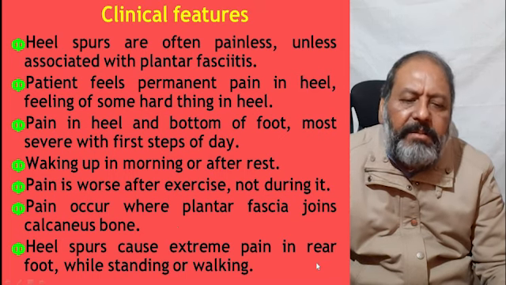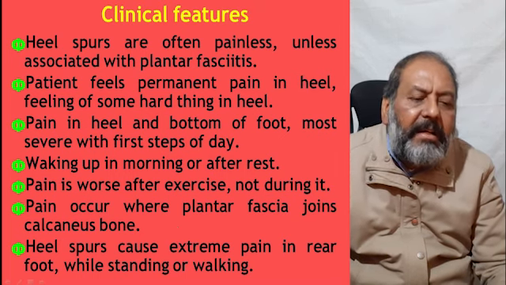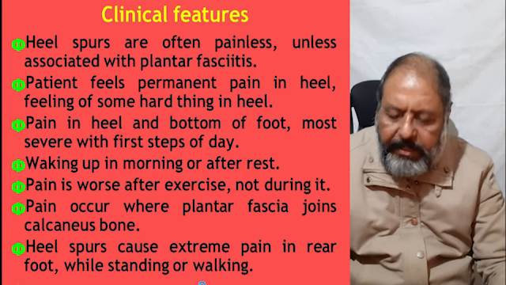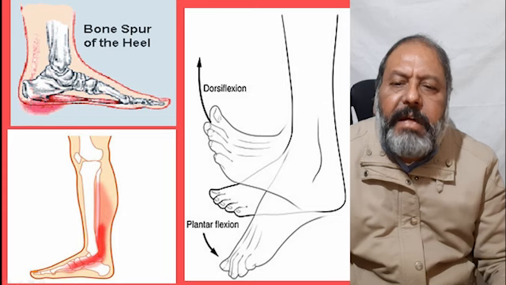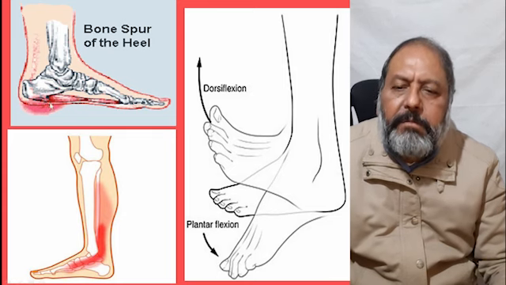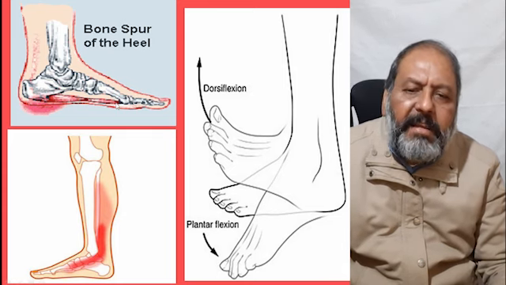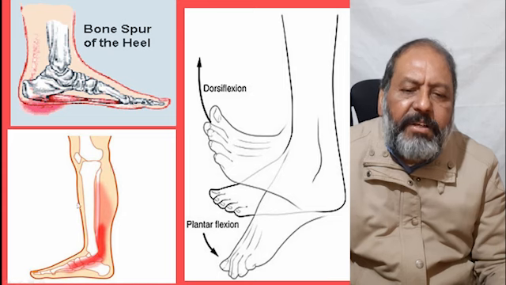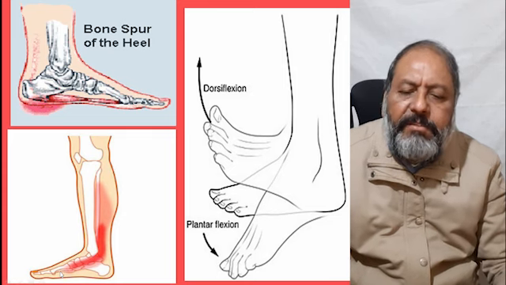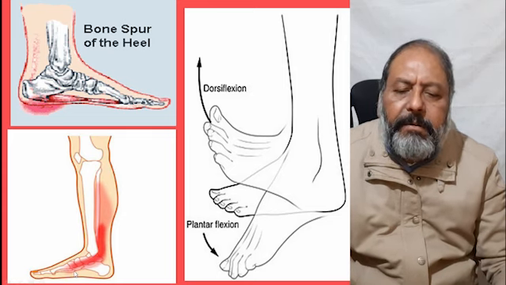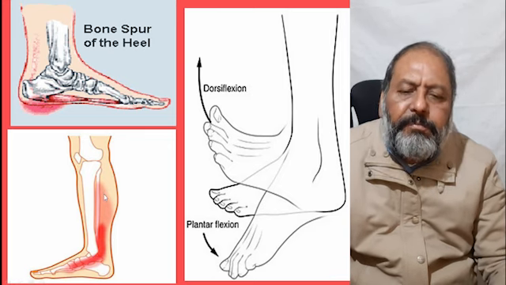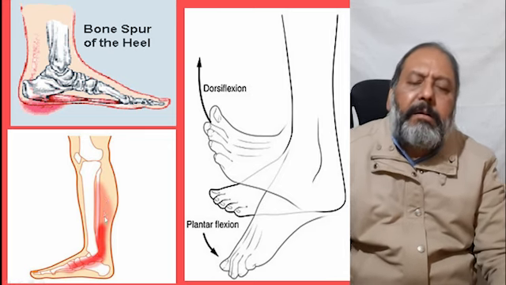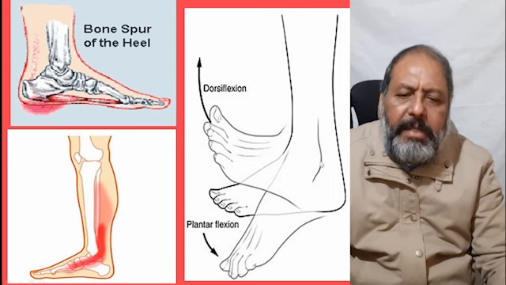Heel spur causes extreme pain in the rear foot while standing or walking. And here one can see the area of the pain: the calcaneus bone, heel spur, and the area of the plantar fascia. And here one can see the pain from the plantar fascia can go up to the calf muscles and nearly the whole leg.